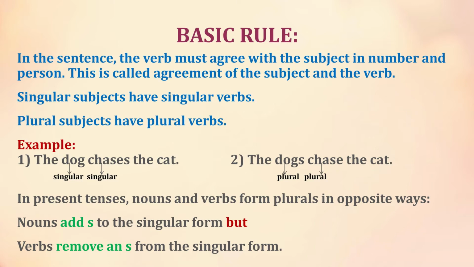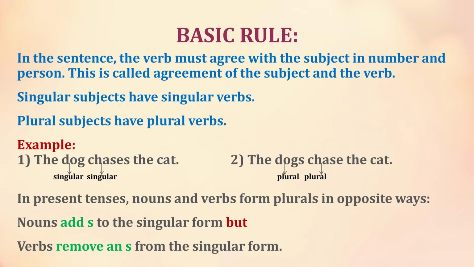But in the second sentence, the dogs chase the cat. We have a plural subject and a plural verb. The dogs chase the cat. Notice that the nouns and verbs are behaving in opposite ways.